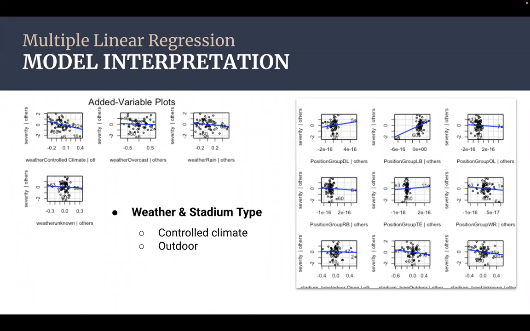And according to the model, we also found that controlled climate was more significant than any other weather type, which I did not expect. I figured it would be rain or snow, but it was definitely an interesting find. And I had some added variable plots here for you to see the regression for each variable.